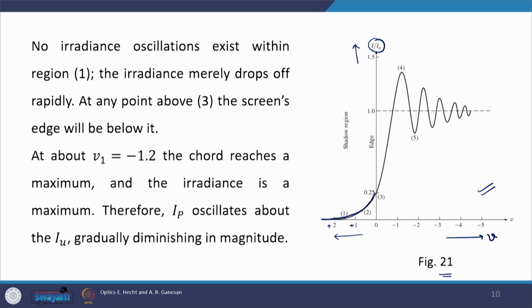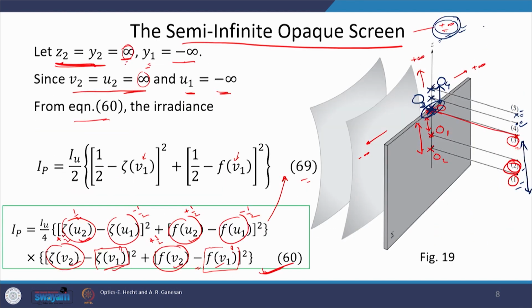Now, if we are on the other side, in the illuminated region, then V is negative, because if we are above this edge, then the coordinate of the edge will always be negative.